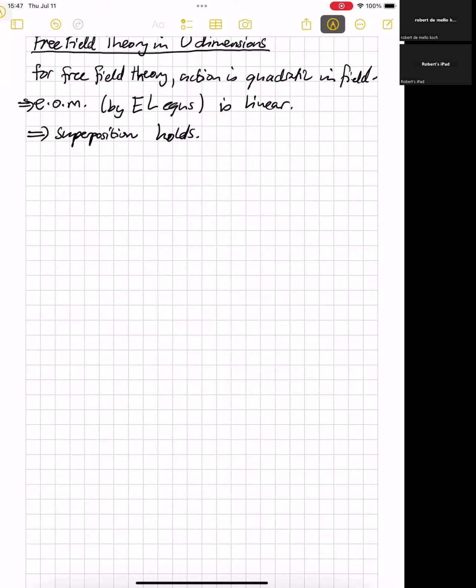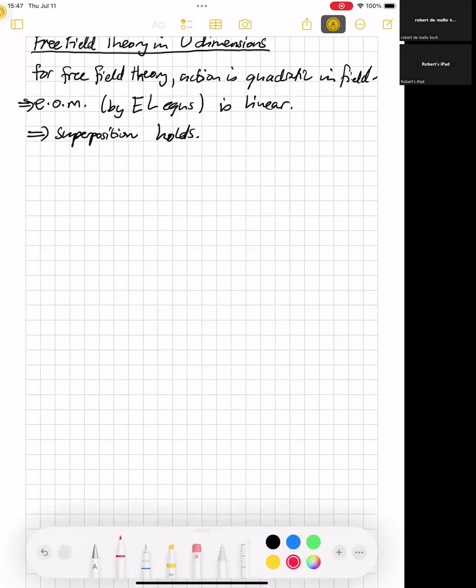Good. So remember what things look like in 3+1 dimensions. I'm always going to write the 3+1 dimensional formulas in red and the naught dimensional formulas in black. Remember the action for the free field theory in 3+1 dimensions.